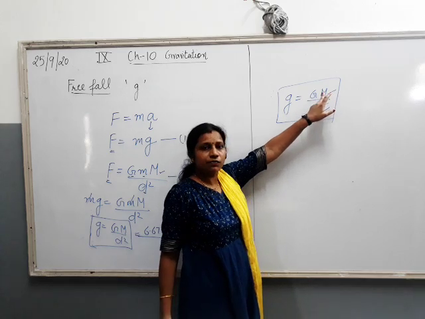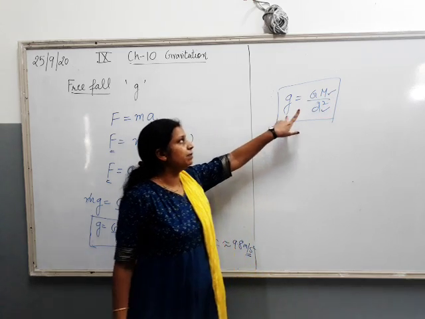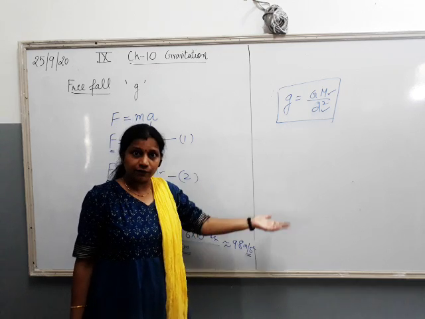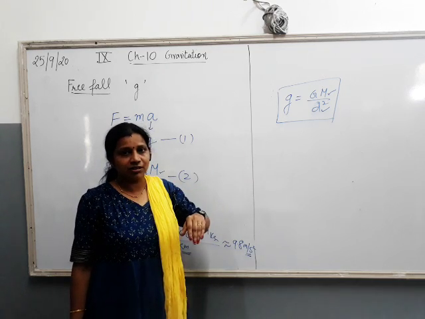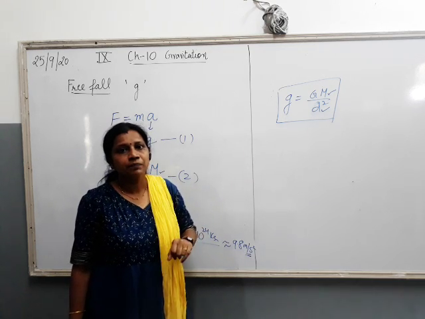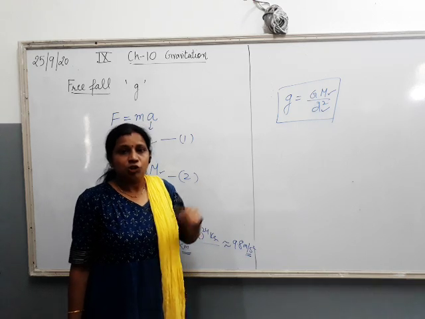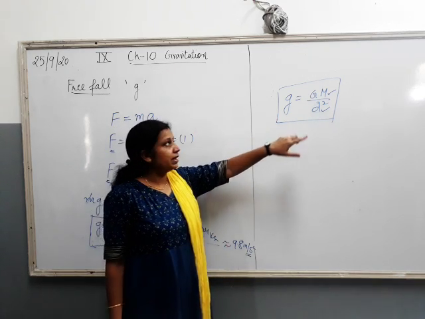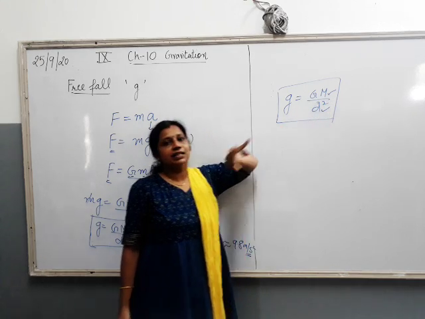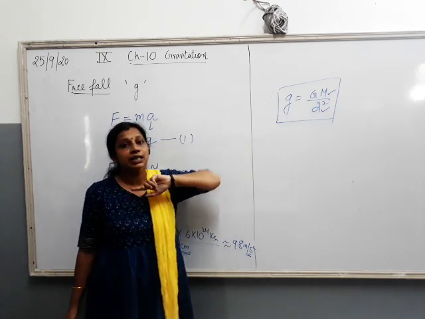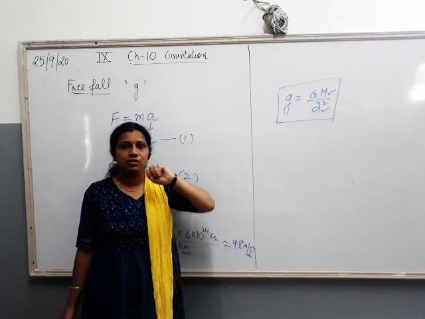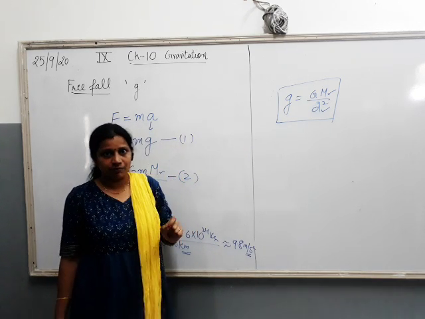So depending on the mass of the planet and radius of the planet, it will be different for Earth, for Moon, for Jupiter, Saturn, Neptune. Pluto is no more a planet. Everywhere depending on mass and radius, the value is going to be different. But this capital G, universal gravitation constant, is going to be the same.